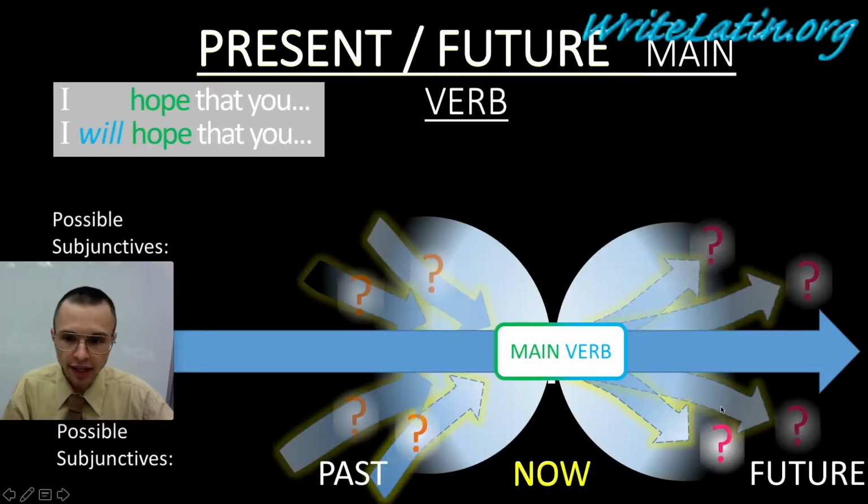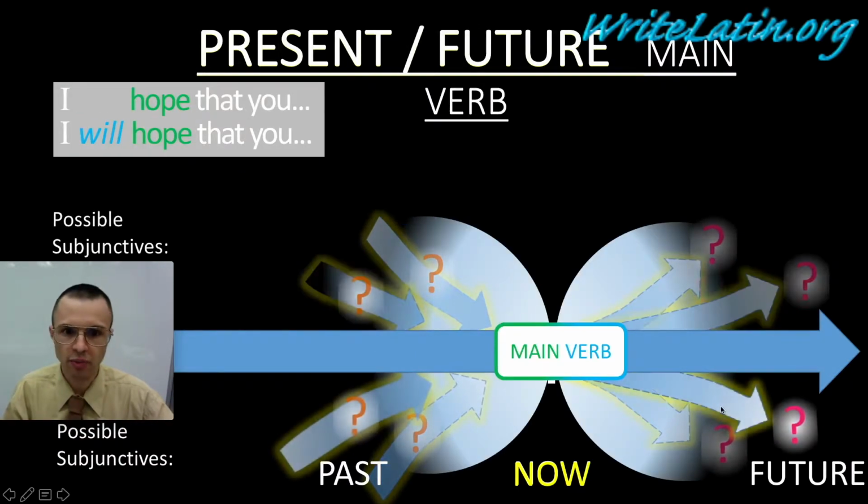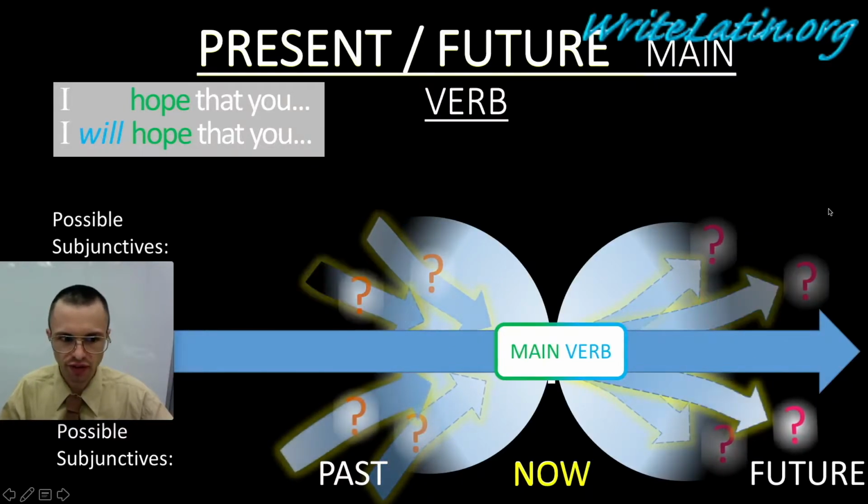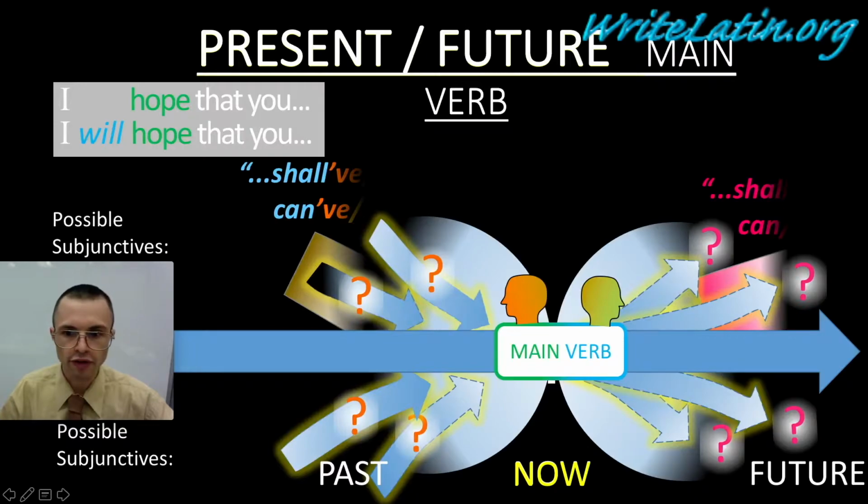Now, if that's the case, then the subjunctive verb will be some form of shall, will, can, may. Either shall, will, can, may itself if it's forward-looking, or shall have, will have, can have, may have if it's backward-looking. We use the green forward-looking head for prospective to signify a forward-looking subjunctive, and the orange one to signify a backward-looking subjunctive.